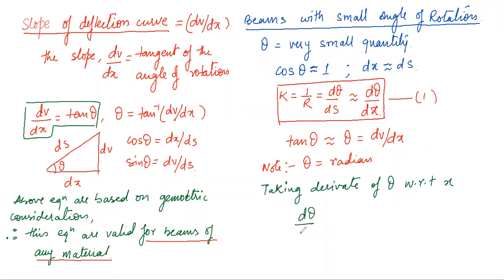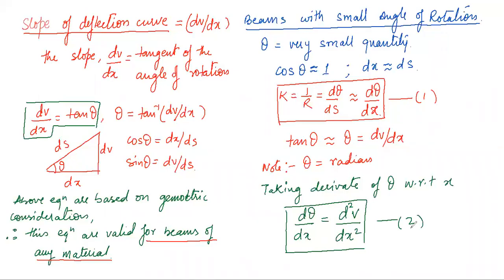D theta by dx is equal to the second derivative, d square v upon dx square. So when we have a beam with a small angle of rotation, d theta by dx can be written as d square v upon dx square. This is the second equation we obtained.